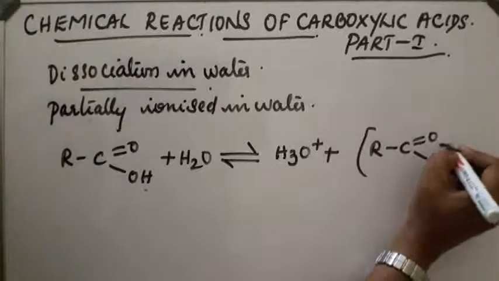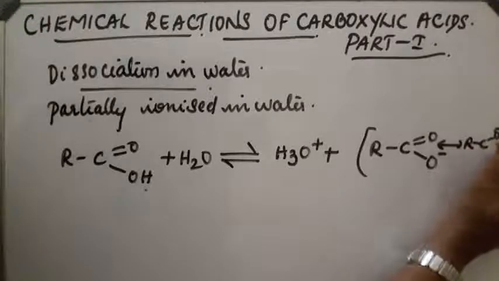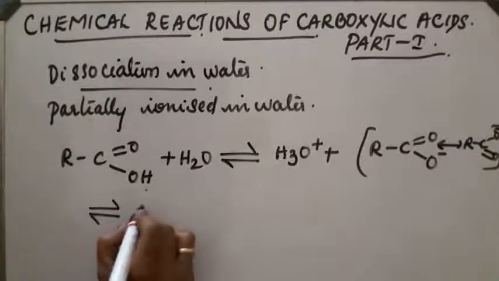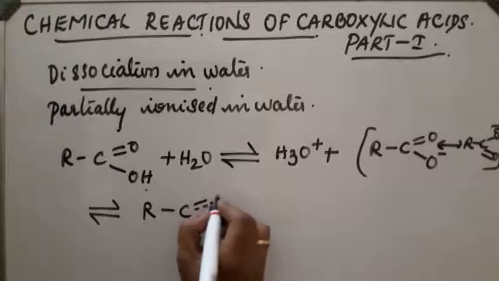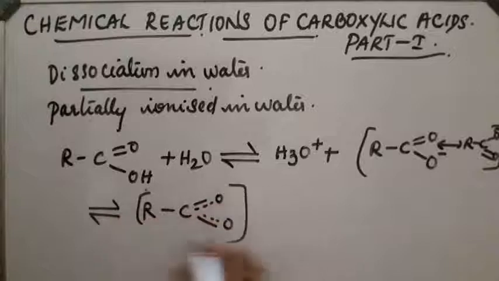And this is resonance stabilized, CO minus double bond O. So the carboxylate ion obtained is resonance stabilized. This resonance stabilization explains the acidic character of carboxylic acids.